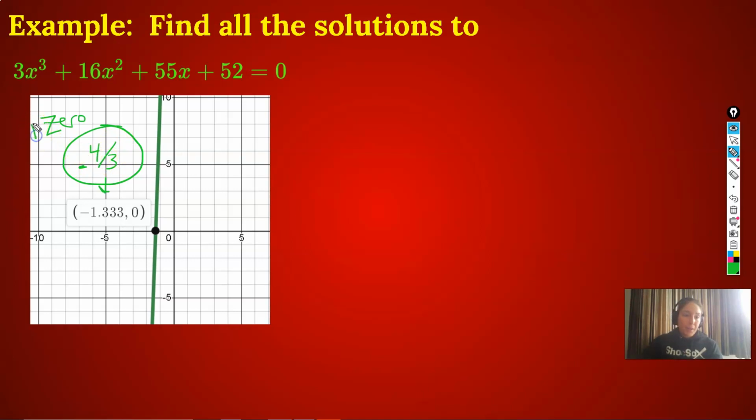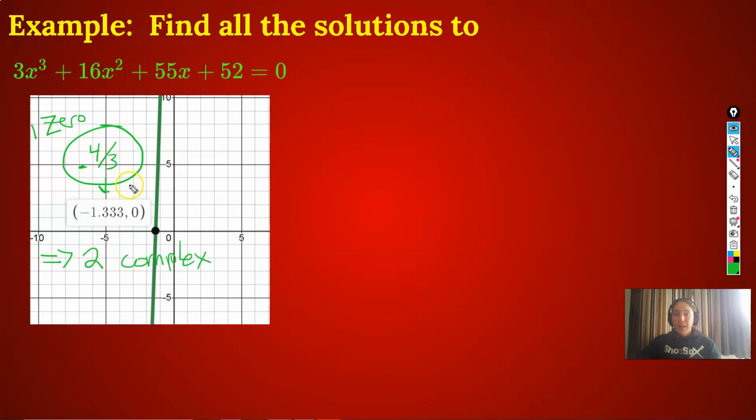So what I'm looking for now is 2 complex zeros, which will be complex conjugates of each other. This is the first step in our detective work. I know I'm going to have 1 real zero and 2 complex zeros.